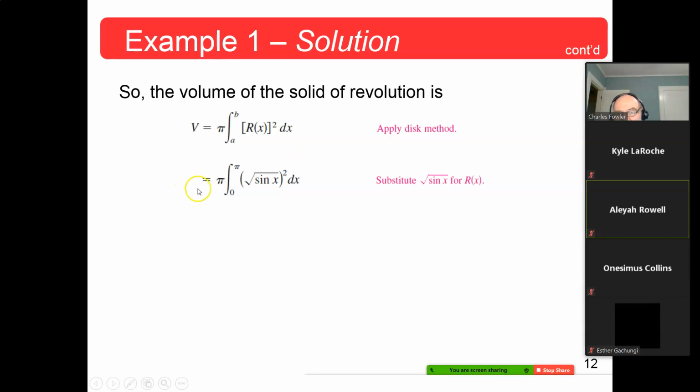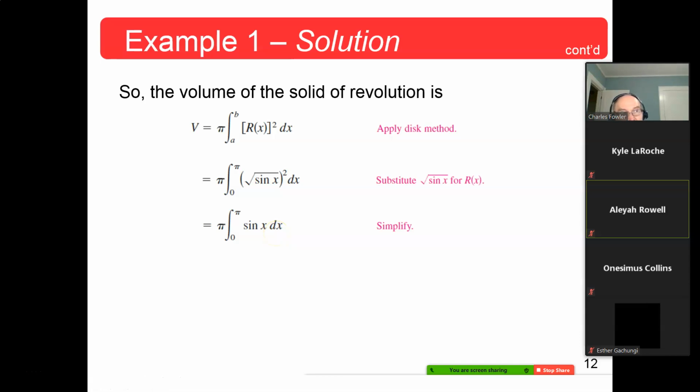Okay? And there's your pi, 0 to pi, that was your a to b. Okay? And then the square root of sine x squared dx, and that's just simply the integral, pi times the integral from 0 to pi of sine x dx.